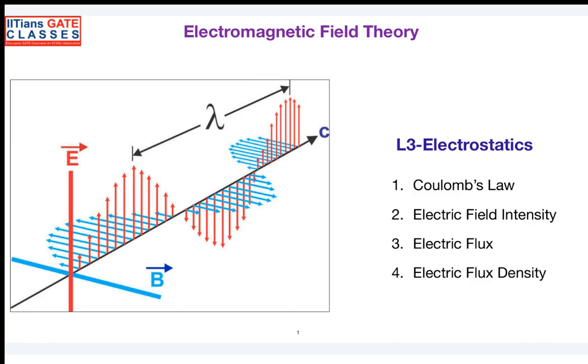With the help of those fundamentals, we'll try to enter into the main subject. The third one is the electrostatics part, so we'll start with electrostatics. In this lecture, I have made a very simple presentation for better understanding. I don't want to put in so many complicated equations. In the electrostatics part, there are 4 concepts that we are going to understand today.